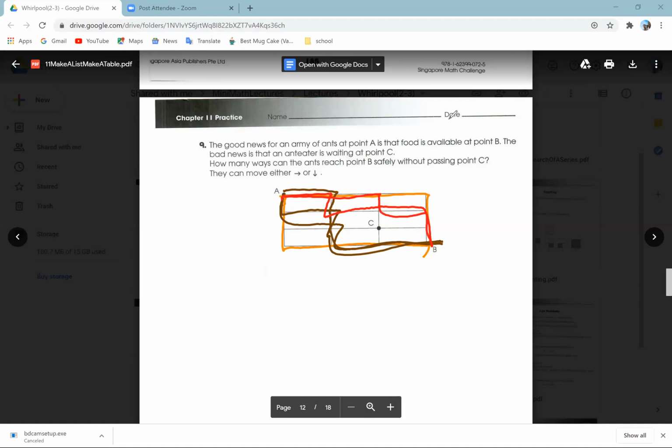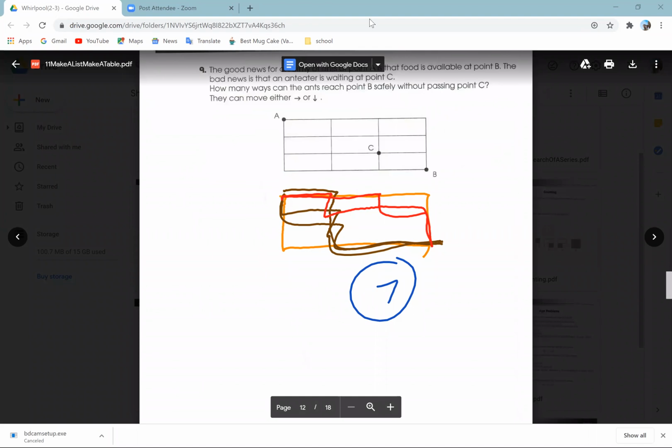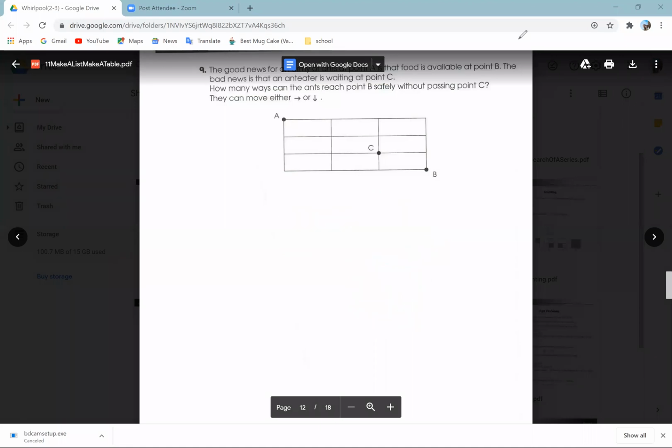You can't go that way. I'm going to go with 7 again. Remember, if you think there's more, please do leave it in the comments. Just make sure you let us know what problem number.